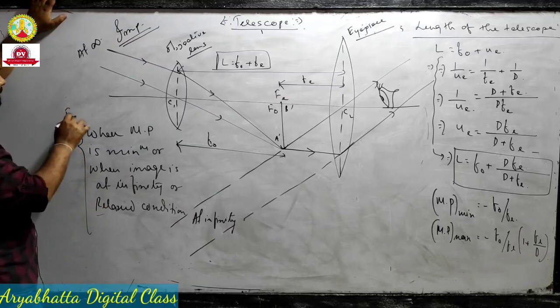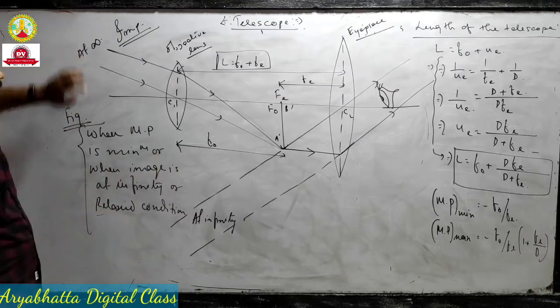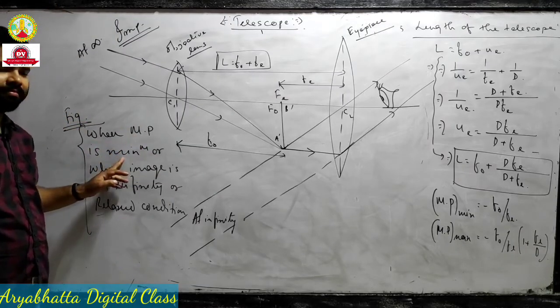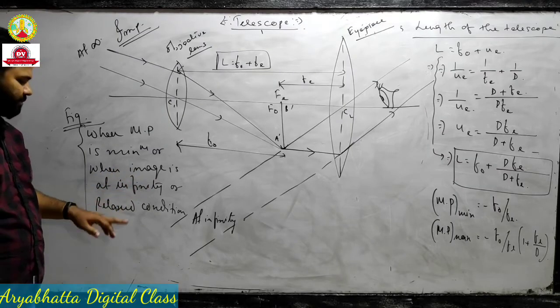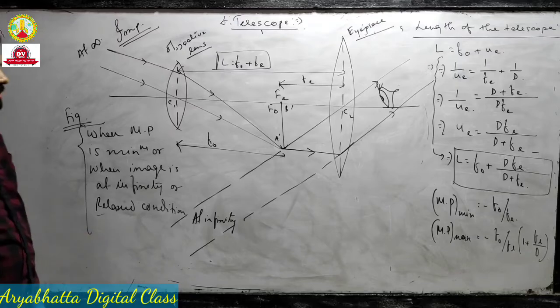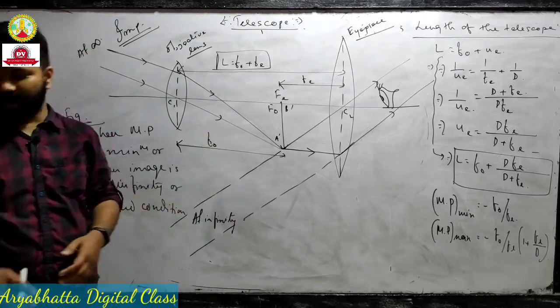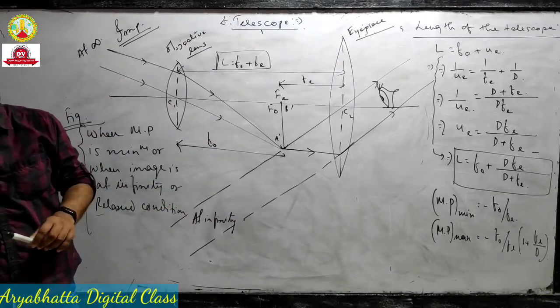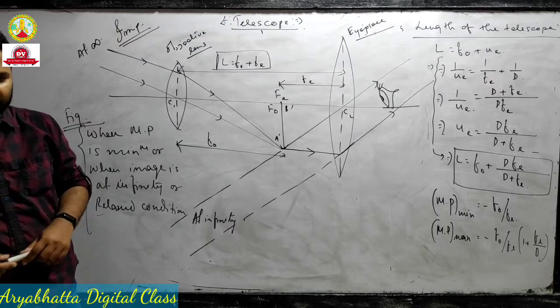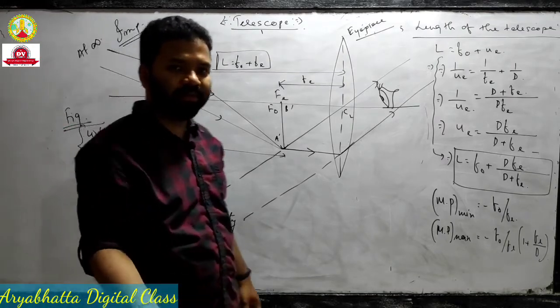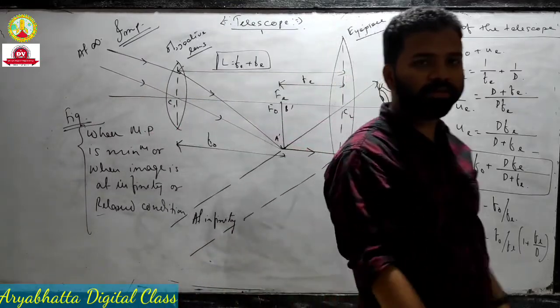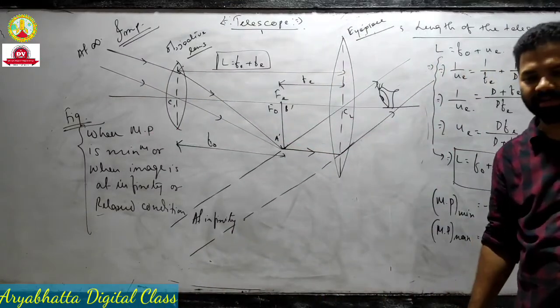This is the figure. This is the ray diagram, and based on these formulas we will be having a class, and there we will solve only numericals. One numerical is already solved today, and a few more numericals will be solved in our next classes. Okay.